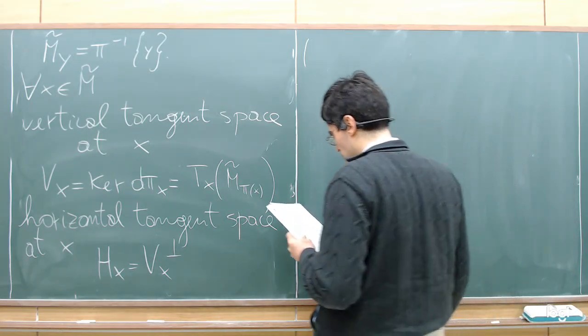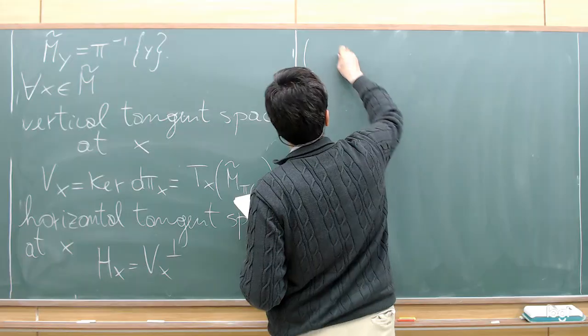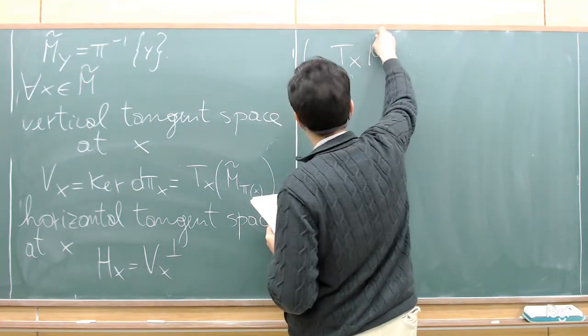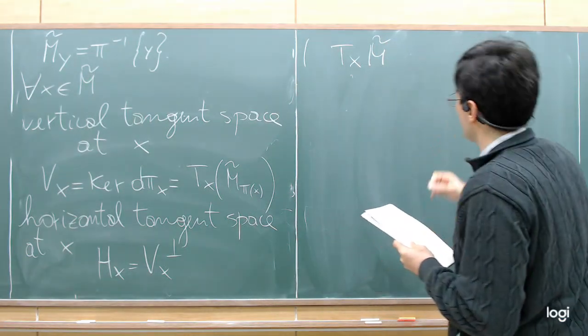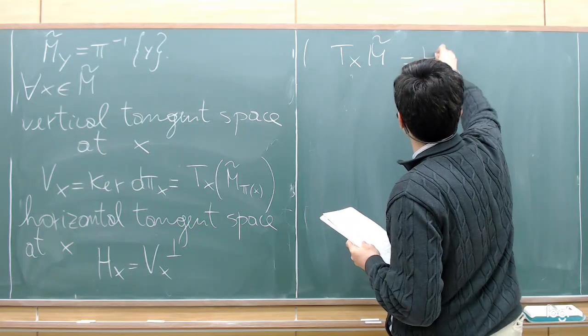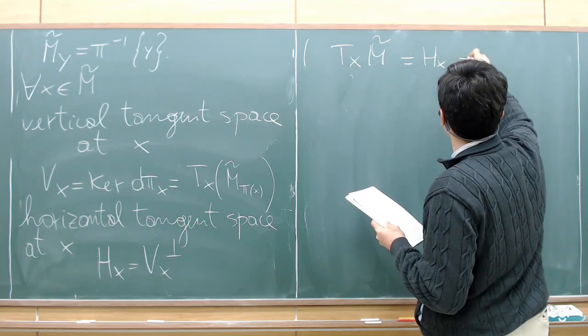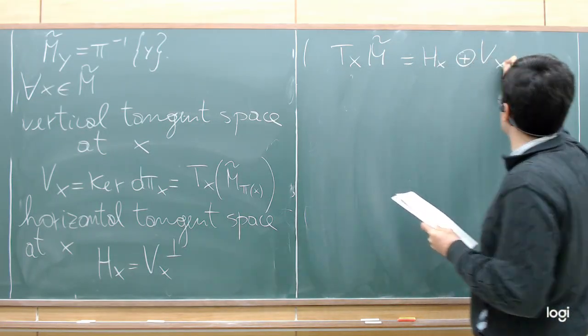It's possible to prove that Tx M tilde can be written as Hx direct sum Vx.